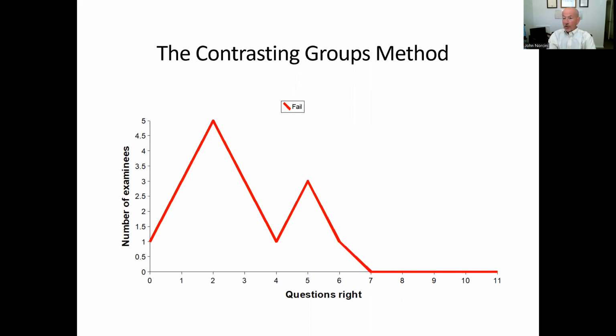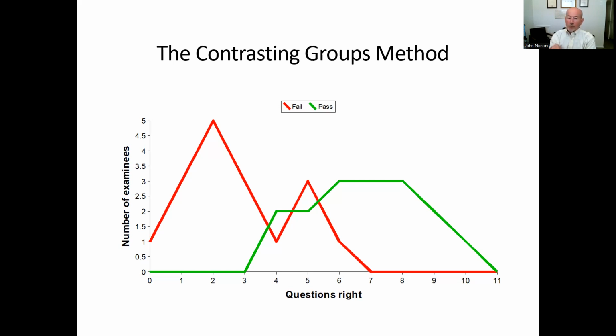So the first thing you do is graph the scores of the group of students who failed the examination. You then go back through that same set of papers and you graph the scores of the students who passed. So for example, no student who had a score of 0, 1, 2, or 3 passed the examination.